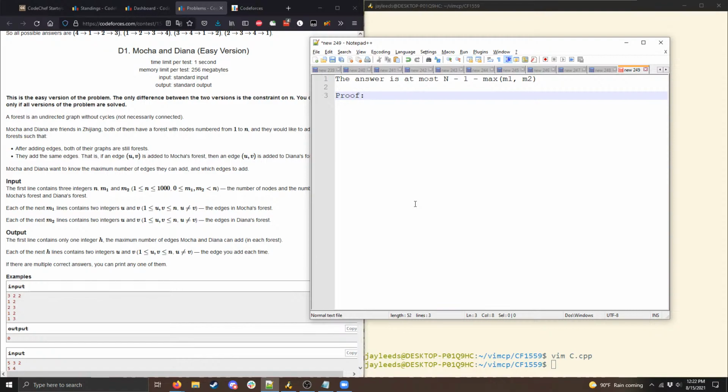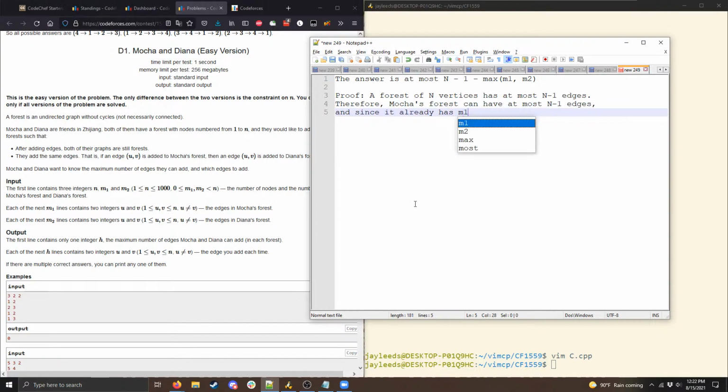The reason for this is that a forest of n vertices has at most n-1 edges, and that's in the case where there's just one connected component. Therefore, Mocha's forest can have at most n-1 edges, and since it already has m1 edges, we can add at most n-1 minus m1. Similarly, we can add at most n-1 minus m2 edges. So that's why the answer is at most n-1 minus the maximum here.